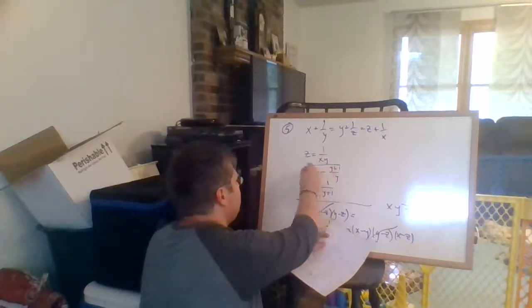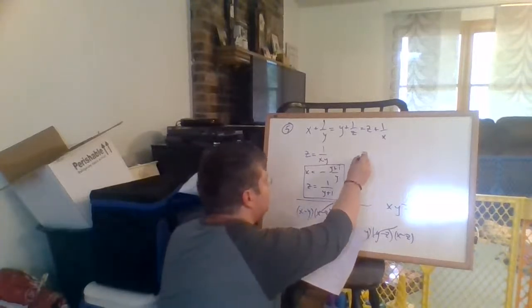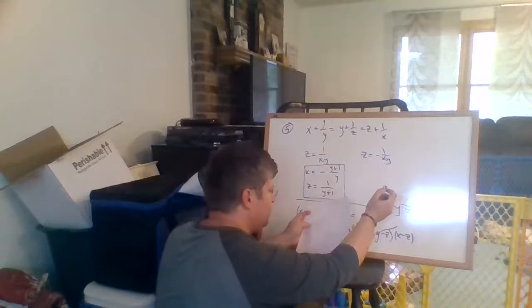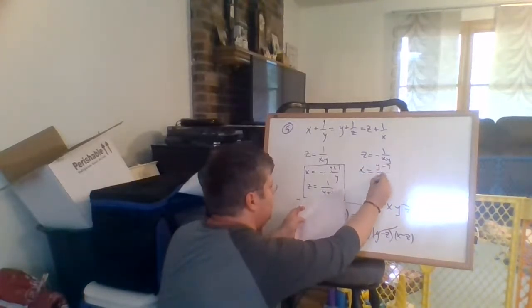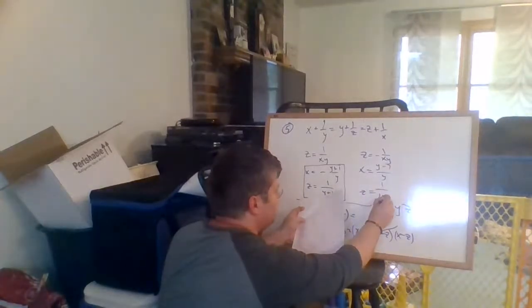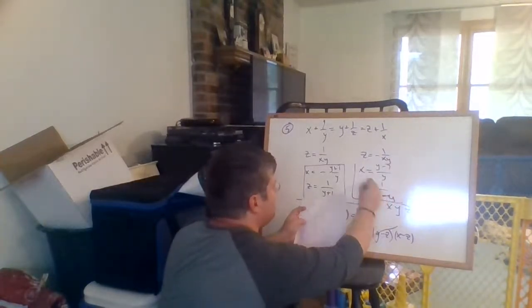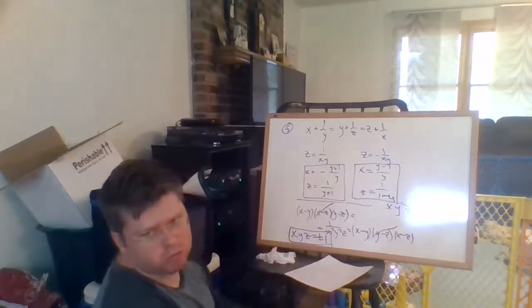Then for any y, this triple forms a solution. And if z equals minus 1 over xy, then similarly you find that x equals y minus 1 over y, and z equals 1 over 1 minus y is a solution.